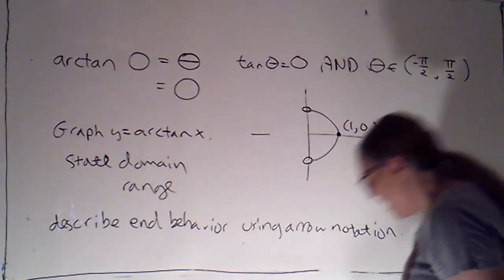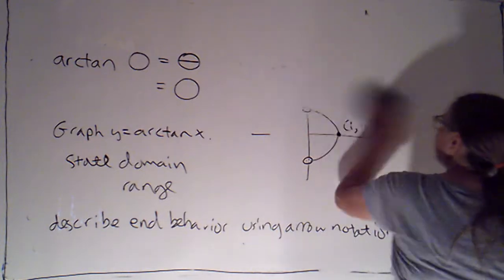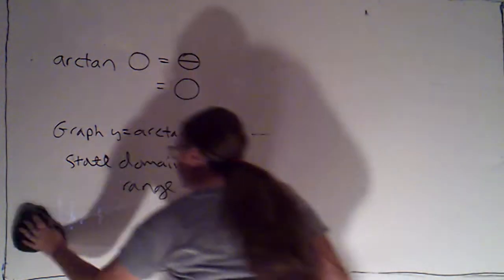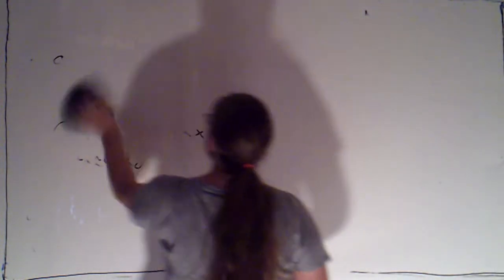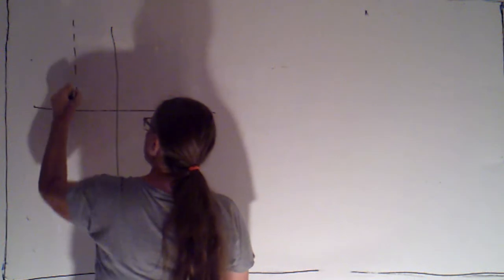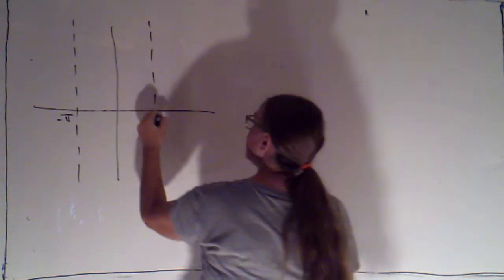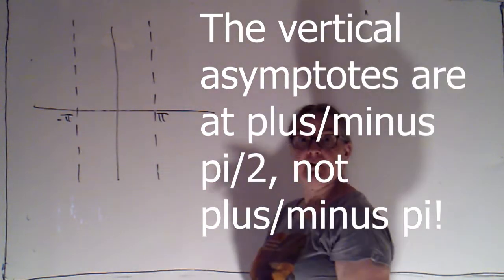Okay. All right, and then we were asked to graph arctan of x. So I'm going to start with the function that we're taking the inverse of, which was our tangent with the restricted domain. So that was just one period of tangent. Notice it's kind of neat. We actually can take one full period of tangent.